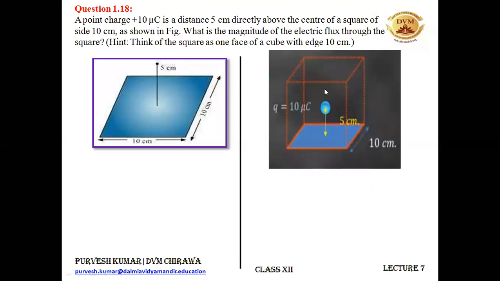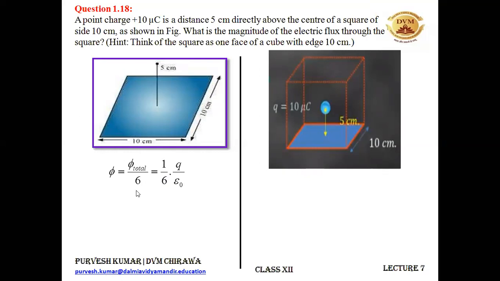That's why we need to find the total flux through this cube and then divide it by 6. So by Gauss's law, the total flux is Q upon epsilon naught, and when you divide it by 6, you get the flux through the desired square.